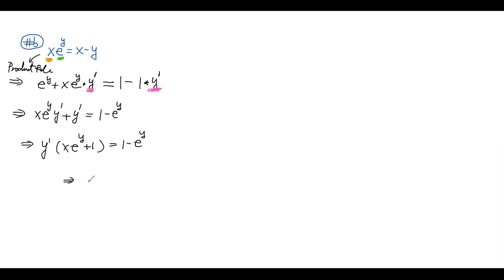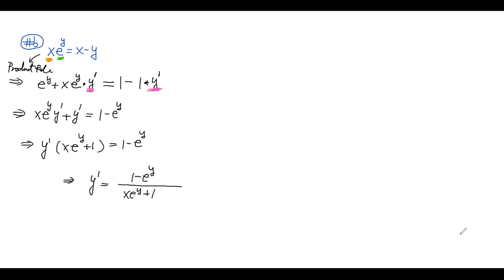So what is y prime here? So y prime will be (1 minus e^y) over (x e^y plus 1). You see, it's pretty easy as long as you do not forget y prime here.